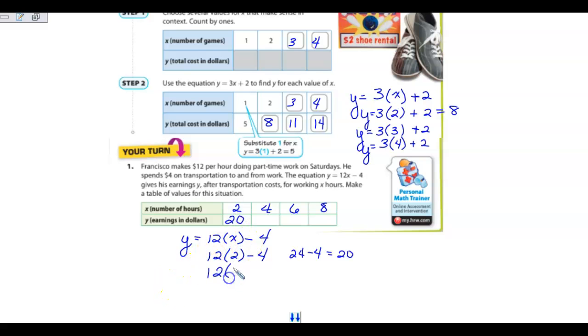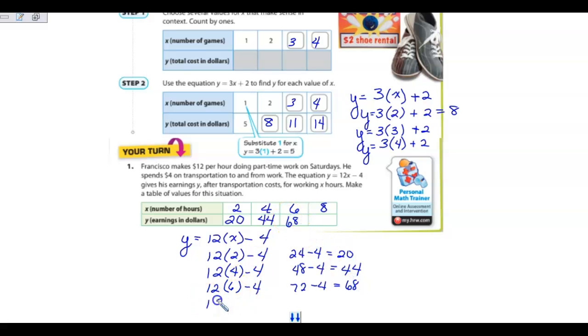If he works 4 hours, well, 4 times 12 is 48. 48 minus 4 is 44. So for 4 hours, he would bring home $44. If he works 6 hours, that's 72 minus 4 is 68.